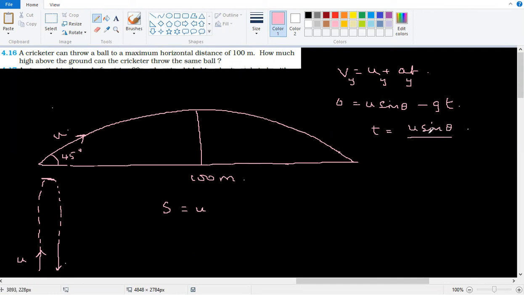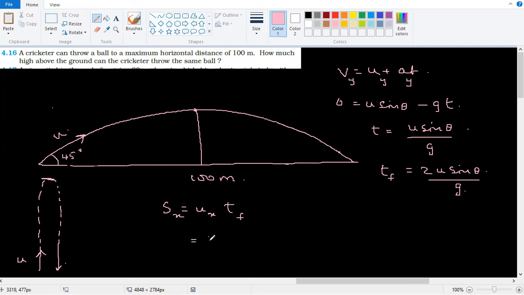If you don't know how to remember this, then at least remember this method. You can quickly derive this. And time of flight will be 2 times this, because we are calculating the time taken for it to come here. So in the x direction, it will be the time of flight, the total time for it to come from here to here.